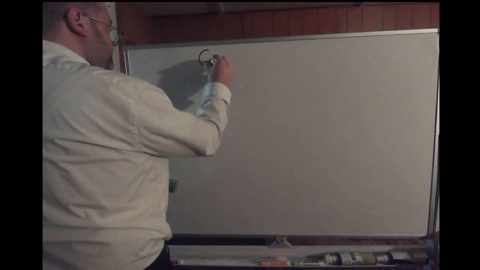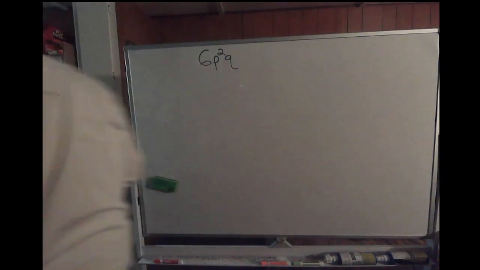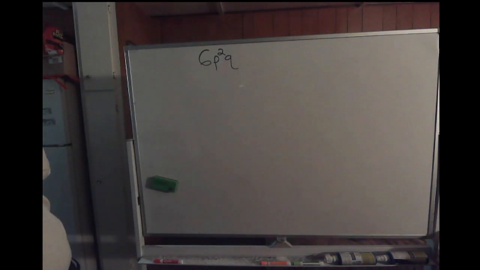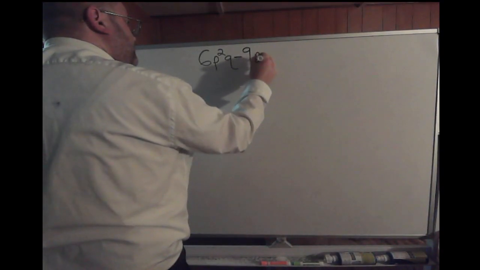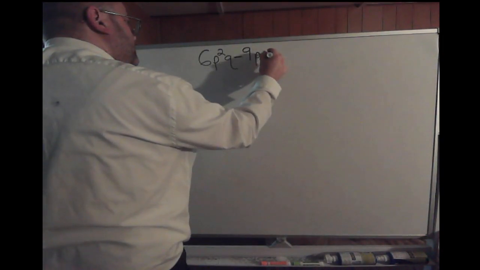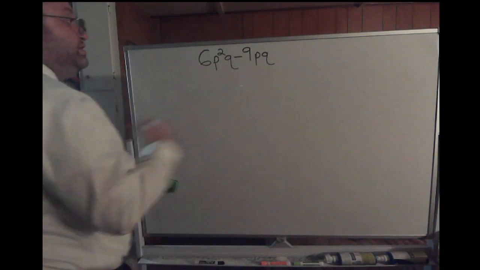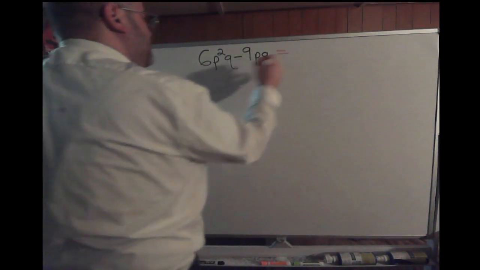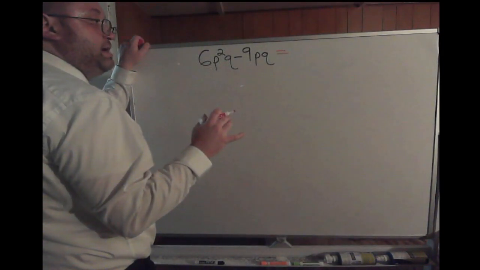Alright. We have 6p squared q minus 9pq. So we have 6p squared q minus 9pq. Well, start with your constants. 6 and 9 have what in common as their greatest common factor?